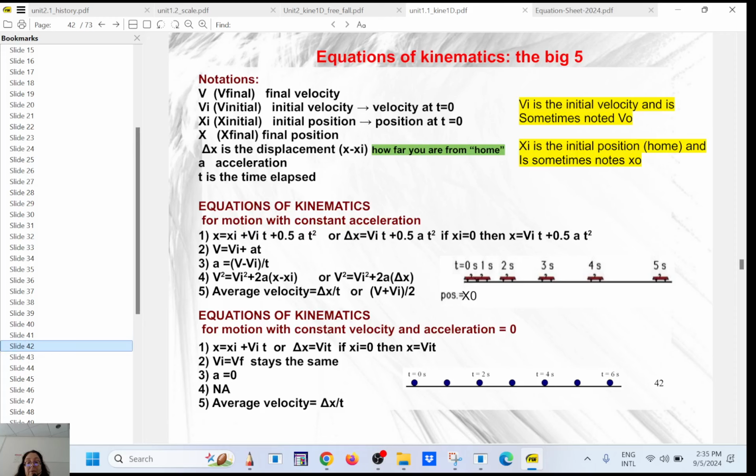So if you have an acceleration, in the displacement you have a t squared. If there is no acceleration, that term goes away, and the displacement will be just proportional to the velocity, or initial velocity, or time. Okay, because initial velocity is a given, so it will be proportional to the time.